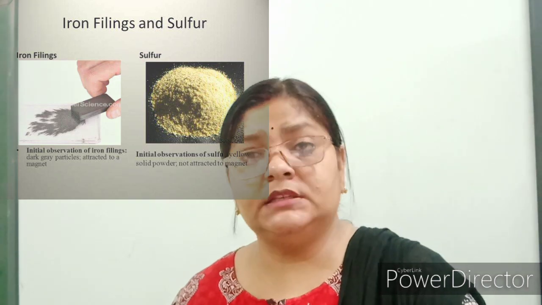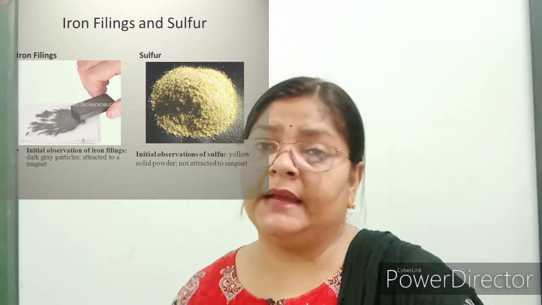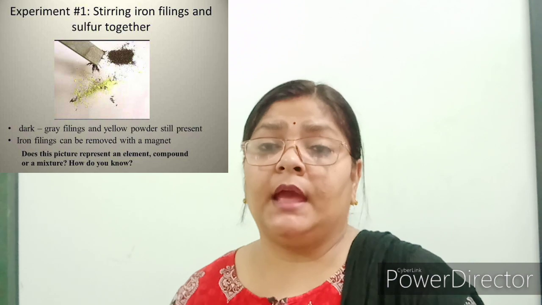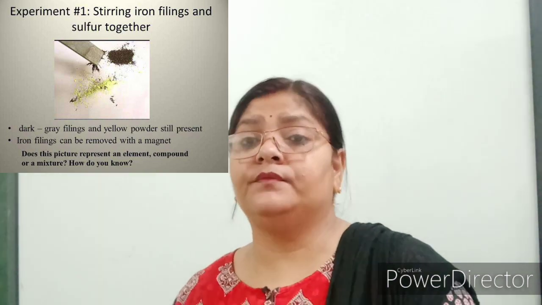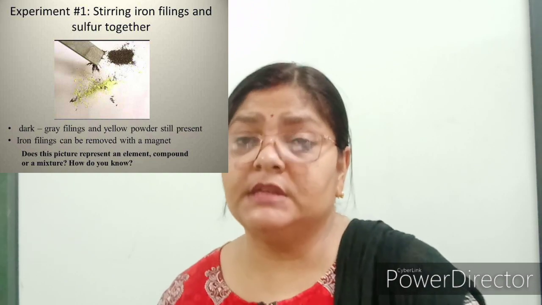Now you know iron is a magnetic substance. A magnet can attract iron, and sulfur has the characteristic of dissolving in a liquid called carbon disulfide. It is a characteristic feature of sulfur.